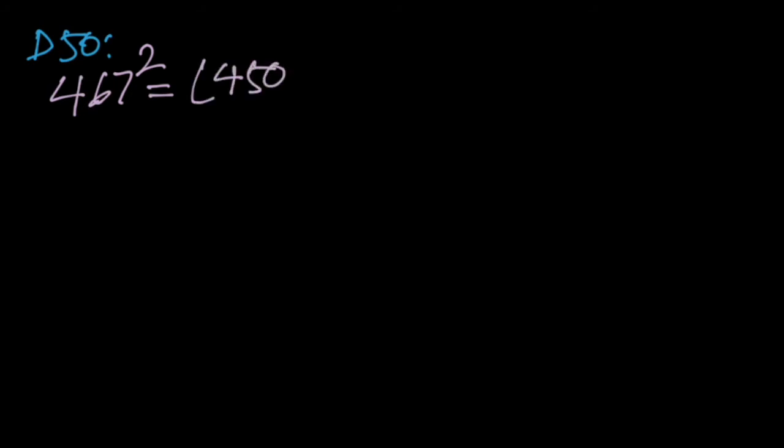Now, let us do the same thing with D50 technique. So, we have D50. So, our first number was 467 square. So, here we take the nearest 50, which is in this case 450 plus 17. So, here what we do? We first do the square of 45. So, what do we get? We get 25.